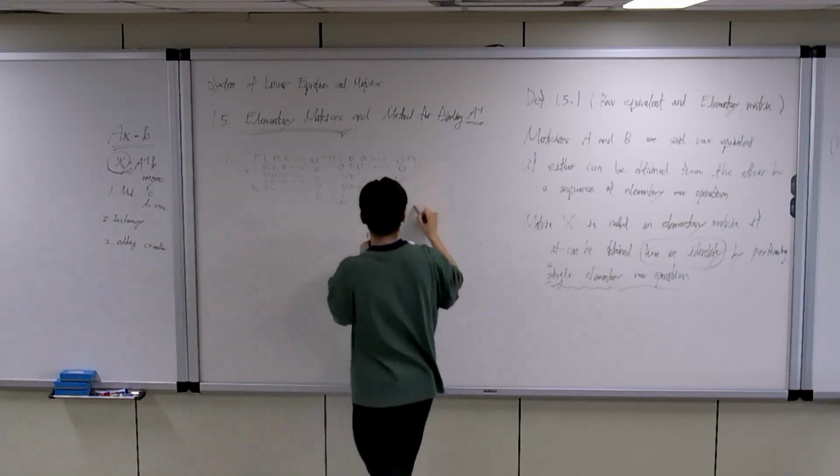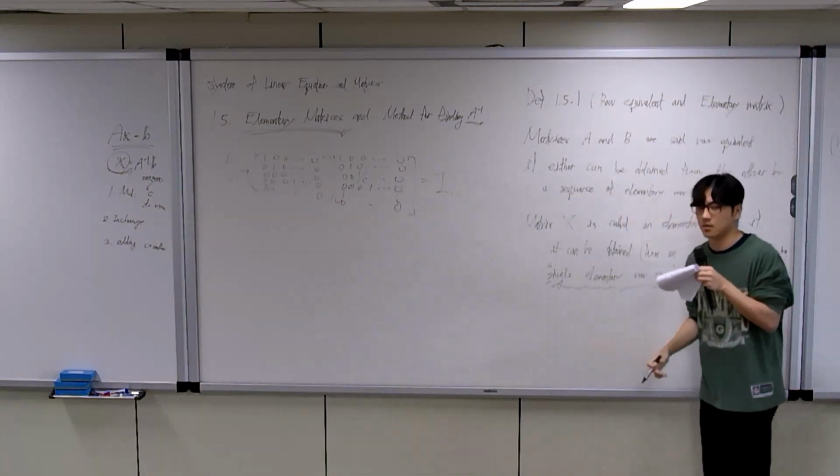And by multiplying this, we get the identity again.